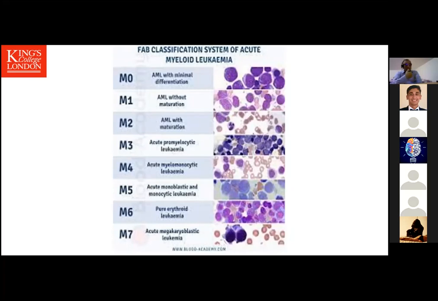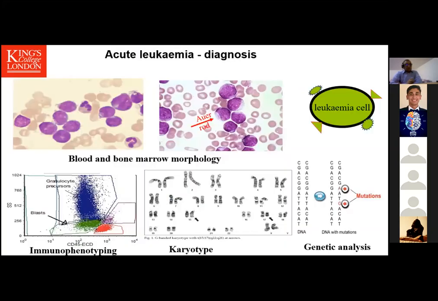The take-home message again in this slide is that AML M3 is something very specific, and we'll talk about it later on. Then M6 is erythroid leukemia, coming from erythroid red cells. And M7 is a megakaryocytic or megakaryoblastic leukemia, coming from platelets or megakaryocytes.